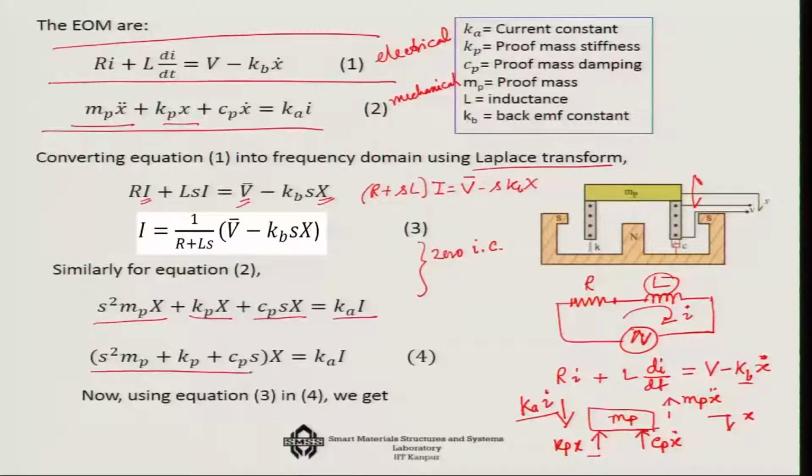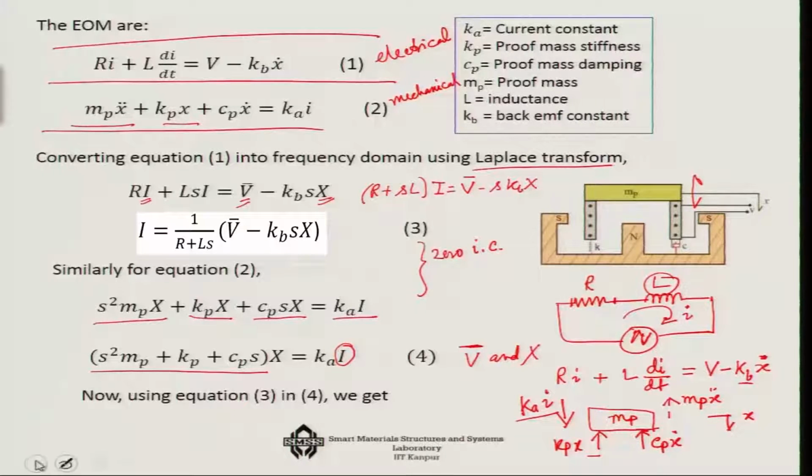So, I get this particular equation, and combining equations 3 and 4, because you already have the relationship for I, you can get a relationship between V bar, the applied voltage in the frequency domain, and x.